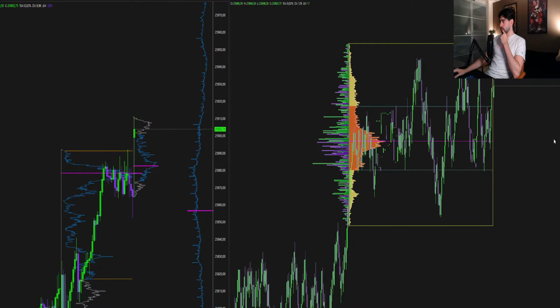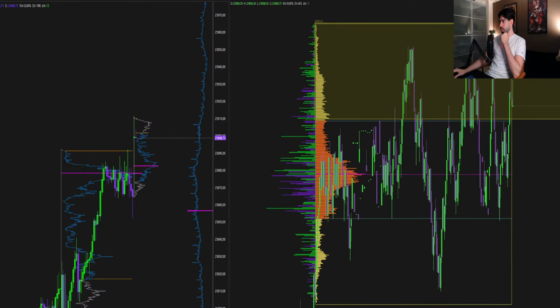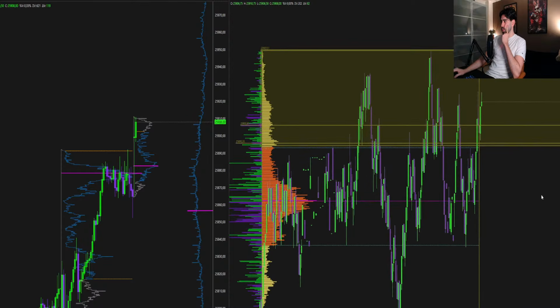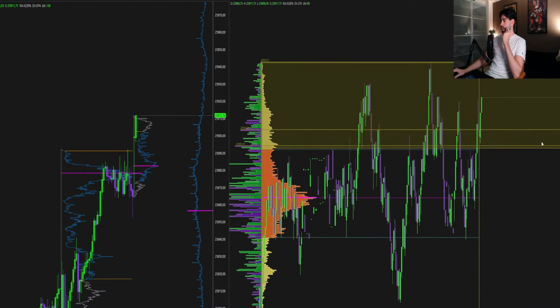Maybe we were just playing this range. In that case, we have value area high in this area. Most significant level is this and this. But it seems like we were gonna break above it.